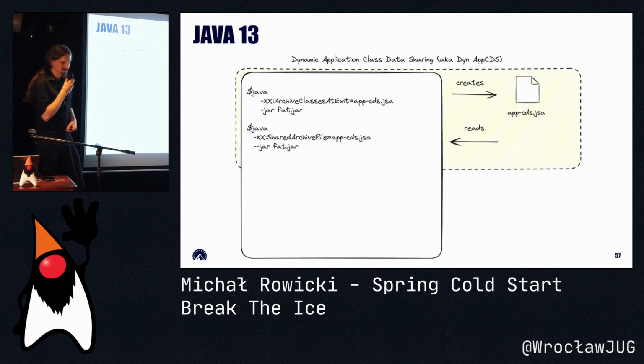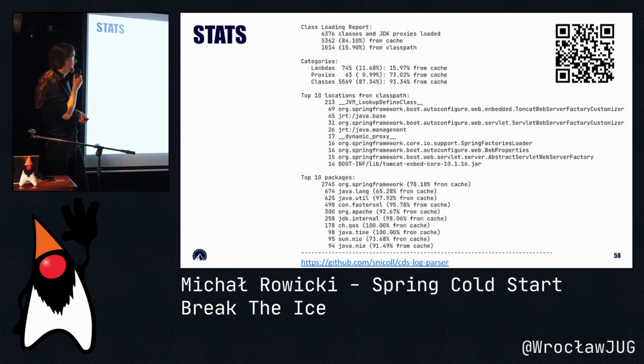That's why it's nice to have at least Java 13, where it's possible to create this archive for our application with just a command. First we need to add a flag which says where to dump the class metadata when the application stops. And after that, we can reuse it to start the application a bit faster.